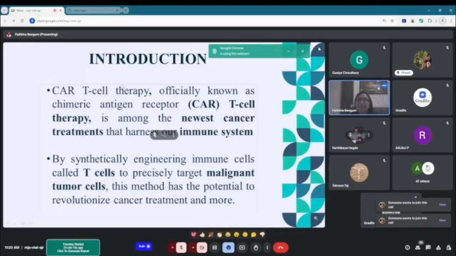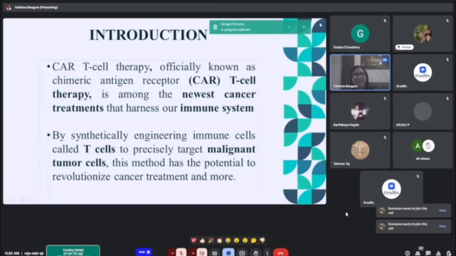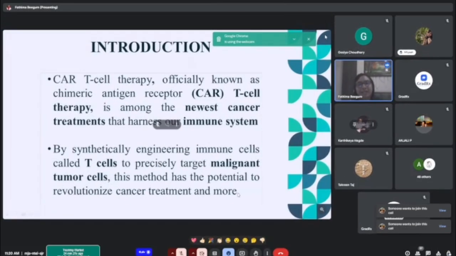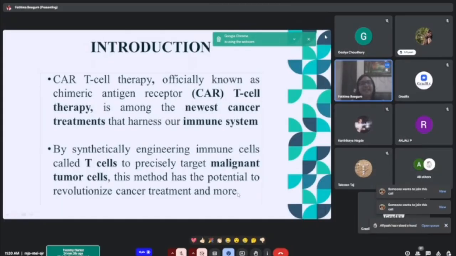CAR T cell therapy boosts the immune cells in an MHC independent manner. There is no need for the major histocompatibility complex, and here comes the advantage.